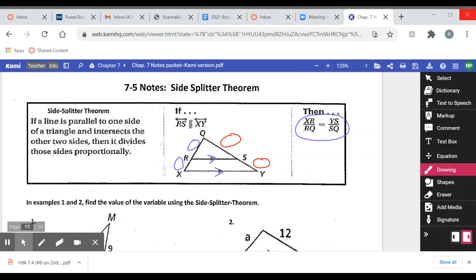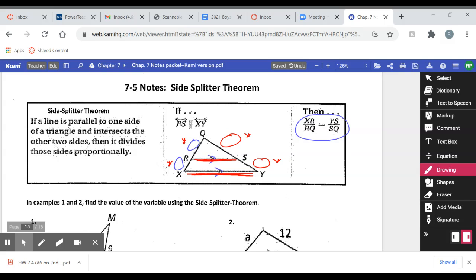But the thing is, you just have to make sure you only use the side splitter theorem when you're allowed to use it. You have to make sure these parallel lines are splitting these pieces up into proportional parts. The side splitter theorem cannot be used if we're dealing with, say, RS or XY, because the parallel lines are not splitting those sides of the triangle up.